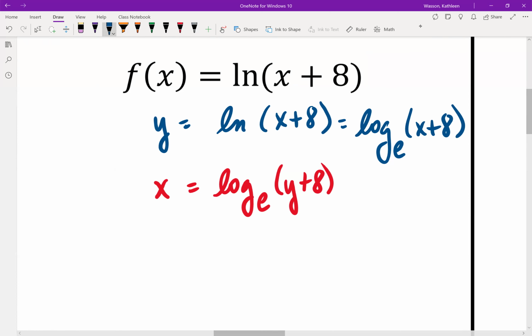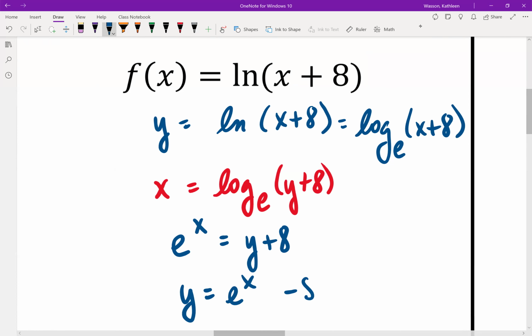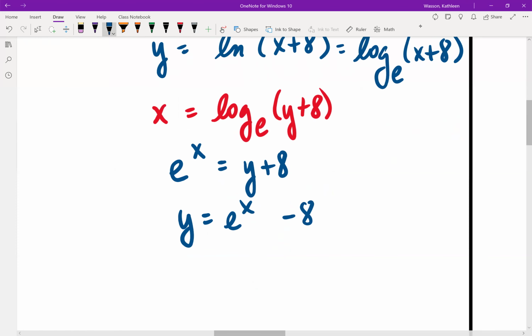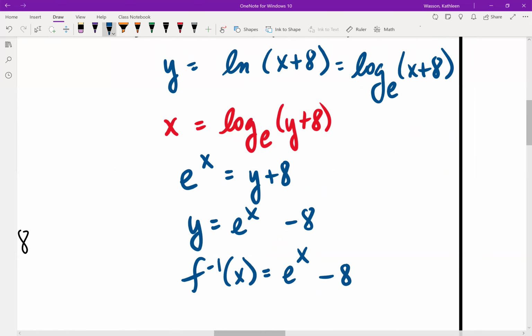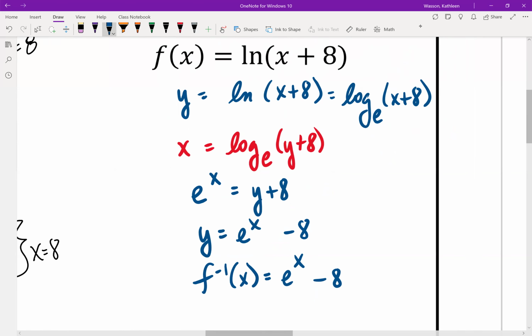So I will rewrite this as e to the x equals y plus 8. To solve for y, I'll subtract 8, and I find that y equals e to the x minus 8. So the inverse of f of x must be equal to e to the x minus 8. Make sure that you write this minus 8 not up here with the x.